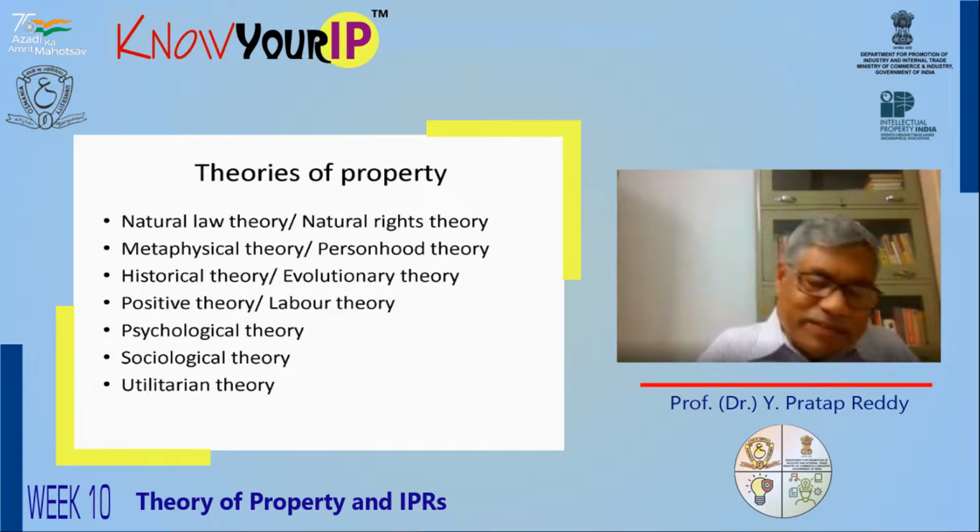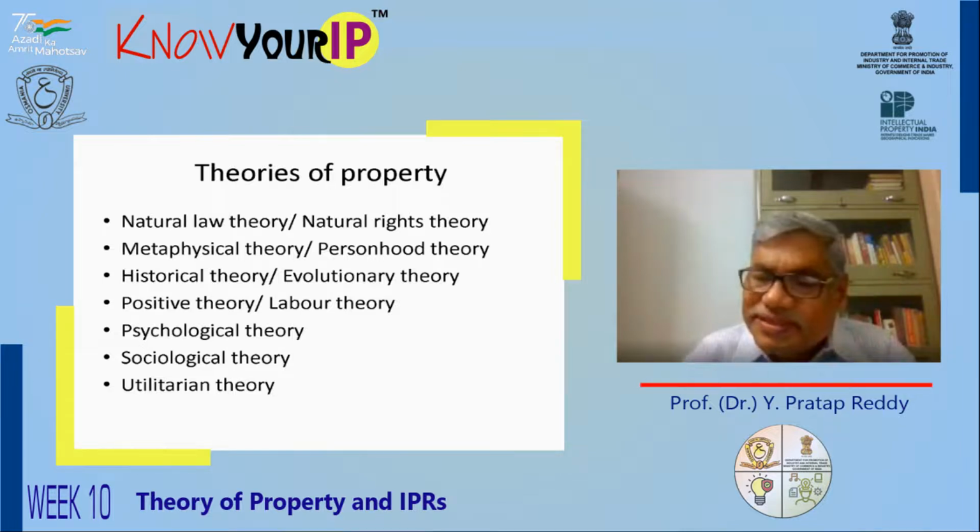Though at one point of time property was held by a group, even the family was the unit of society during ancient times, today the individual is the unit. Therefore, individual ownership is recognized. The individual is the holder of the property. So this is how the historical or evolutionary theory narrated how the concept of private property came into existence.